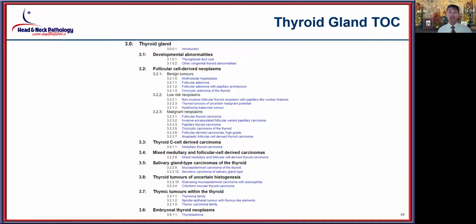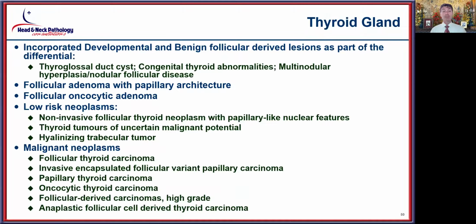So with the table of contents, let me just highlight it a little bit here so that you can see what the areas are. So you can tell that there are a variety of different subtopics. Let me just point out that the developmental lesions are there, follicular adenoma and oncocytic follicular adenoma, low-risk neoplasms, which of course cover the non-invasive follicular thyroid neoplasm with papillary-like nuclear features and hyalinizing trabecular tumor.